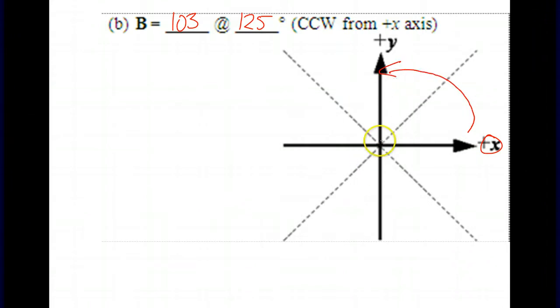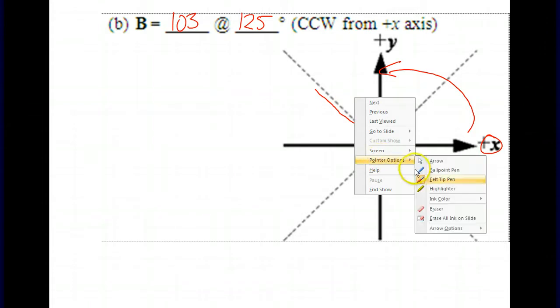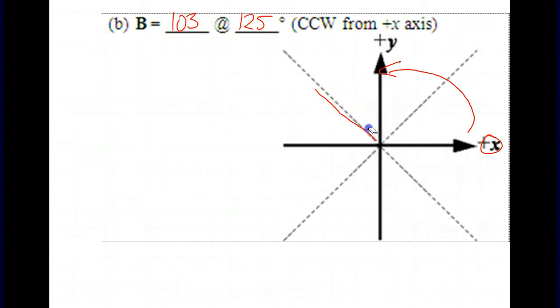And 125 degrees would be slightly on the other side, okay. So make sure that we draw that on the correct side. It should be right before this 45-degree angle.